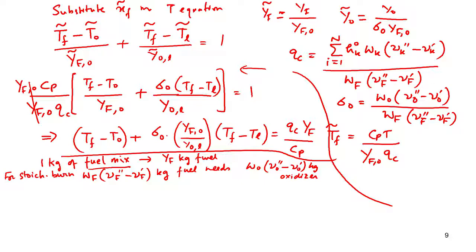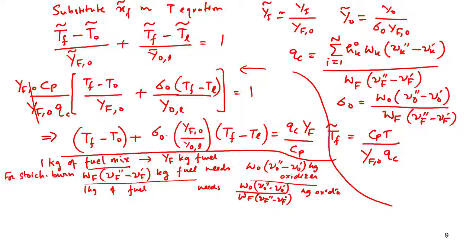So for stoichiometric burning, this amount of pure fuel needs this amount of oxidizer. Then it means that 1 kg of fuel needs W0 times (nu0 double dash minus nu0 dash) divided by WF times (nuF double dash minus nuF dash) kg oxidizer.